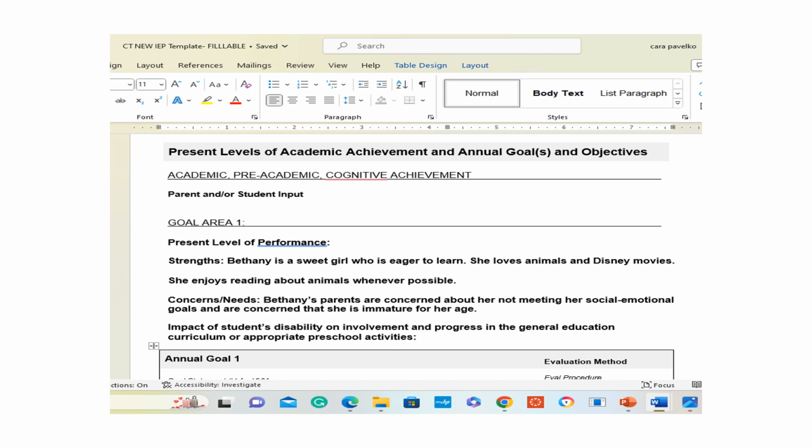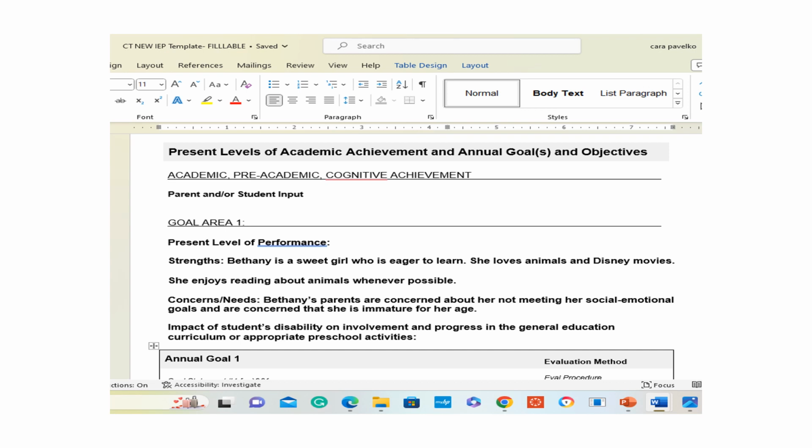And then again, you would put the impact of a student's disability on involvement and progress in general education curriculum or appropriate activities. In this case, it's not preschool activities, but there may be obviously her inability or her performance under grade level is a concern for her.